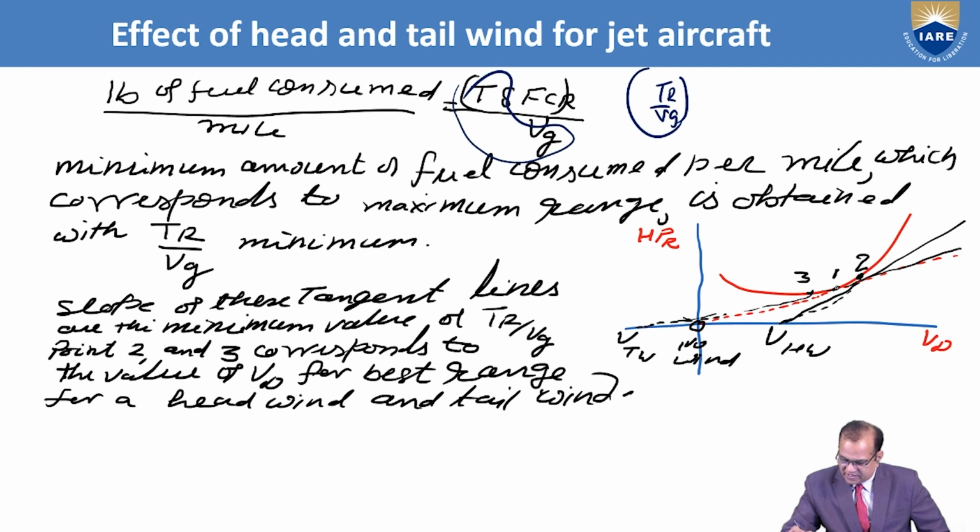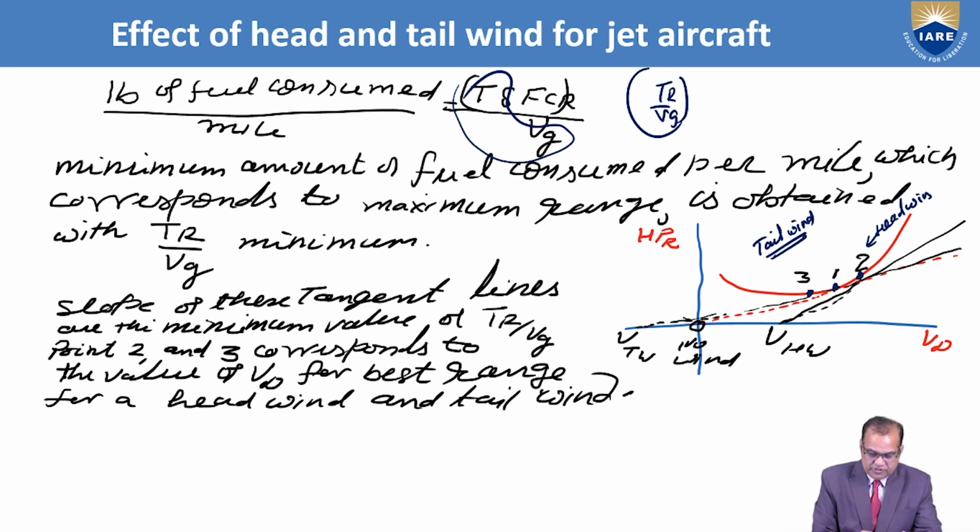So at point 1 it is for no wind, at point 2 it is a headwind, and this point 3 is tailwind. So here, points 2 and 3 correspond to the value of V infinity for best range for a headwind and the tailwind.